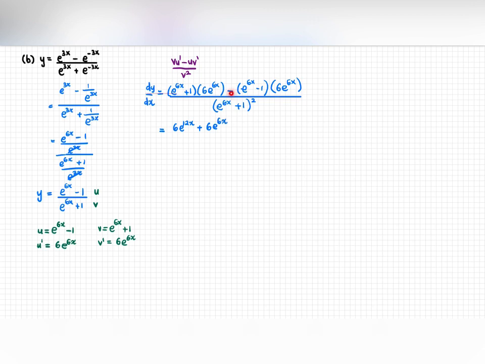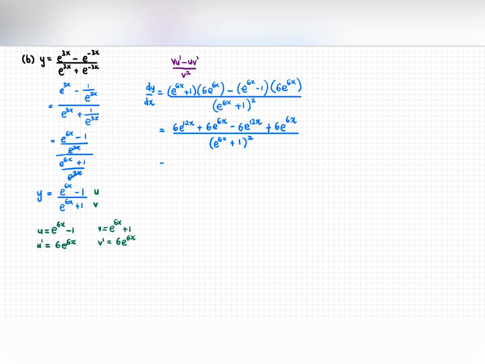Okay, and then kita ada minus dengan ini, darab dengan ini akan jadi negative 6e to the power of 12x. Okay, and then negative will be positive kan. So plus 6e to the power of 6x, and then we are going to be divided by e to the power of 6x plus 1 squared.